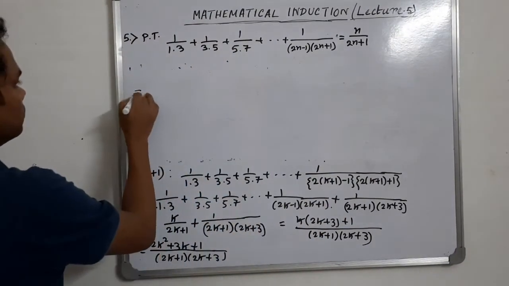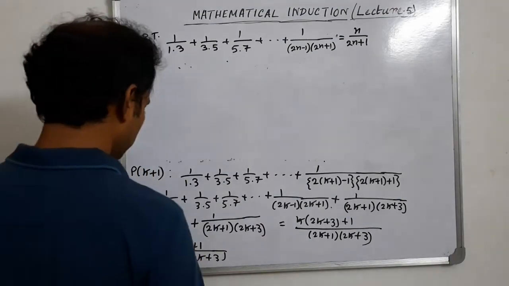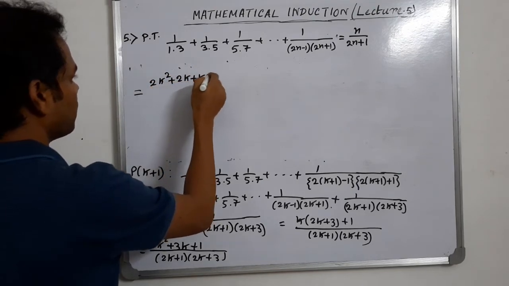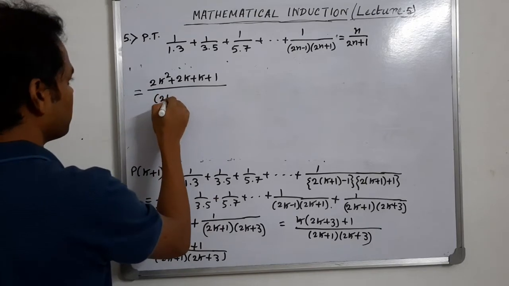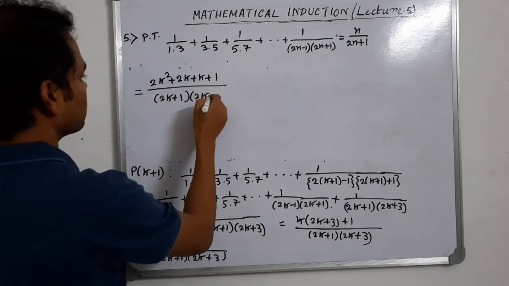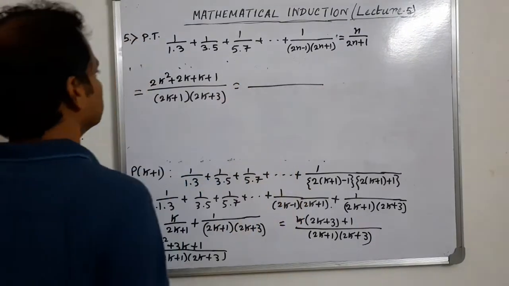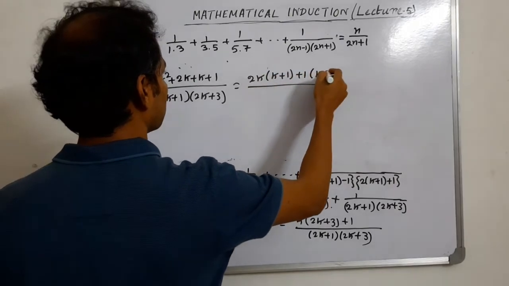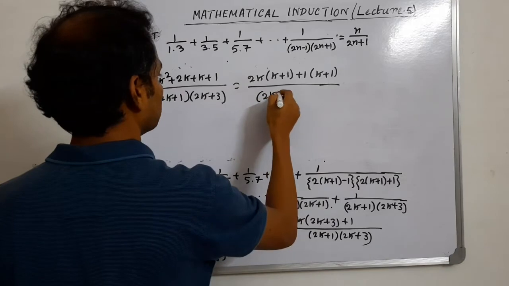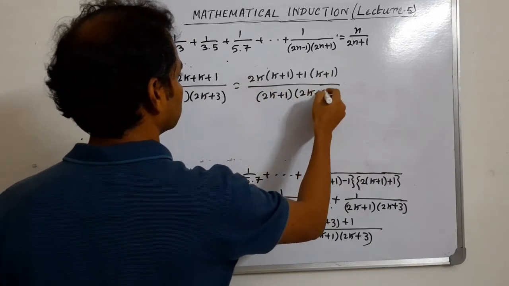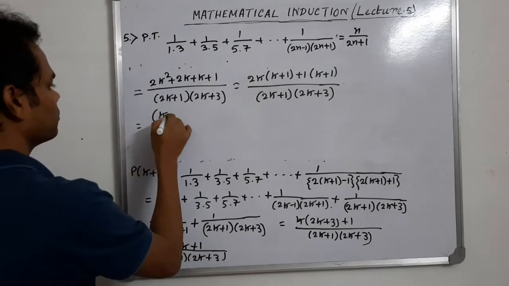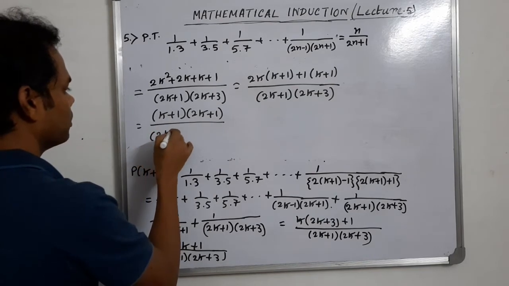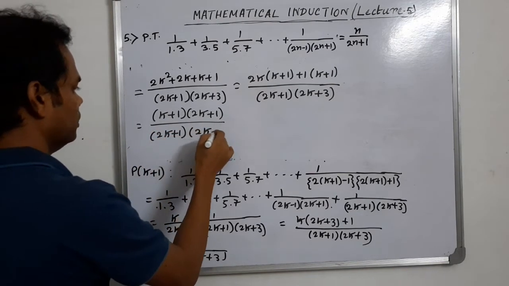Now factorizing the numerator, 2k square plus 2k plus k plus 1 is (2k plus 1) into (k plus 1), over the denominator (2k plus 1)(2k plus 3).